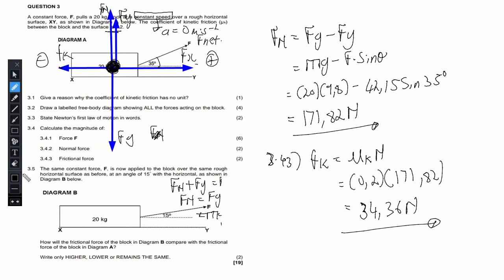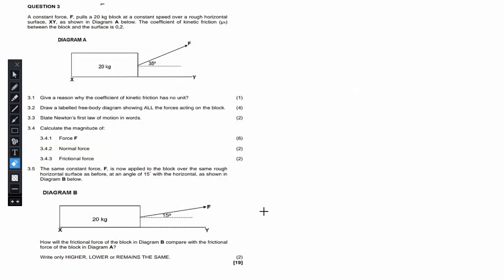It says the same constant force is now applied to the block over the same rough horizontal surface as before at an angle of 15 degrees with the horizontal as shown in diagram B below. How will the frictional force of block B in diagram B compare with the frictional force of the block in diagram A, right? Higher than, lower than, or remains the same.